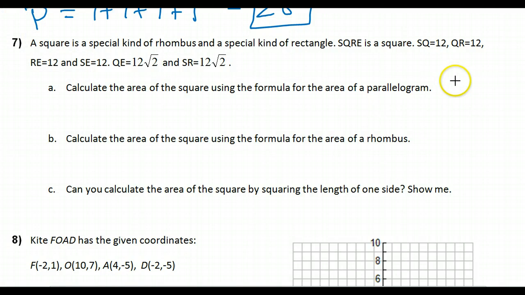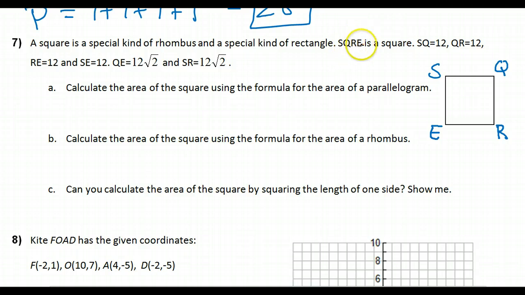So here is a square, SQRE. SQ is 12, so that's 12. QR is 12. It's a square, we already knew that. RE, yeah, all the sides are 12. We get it.